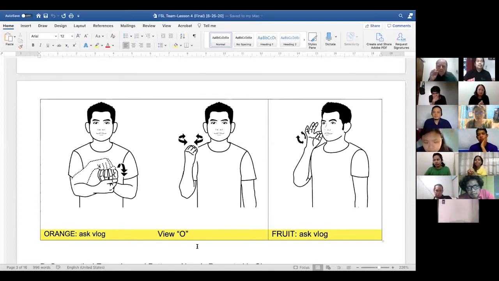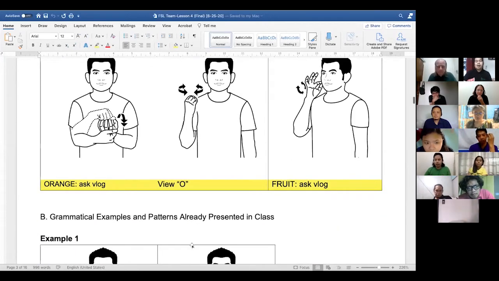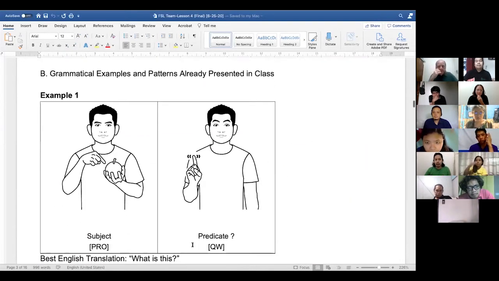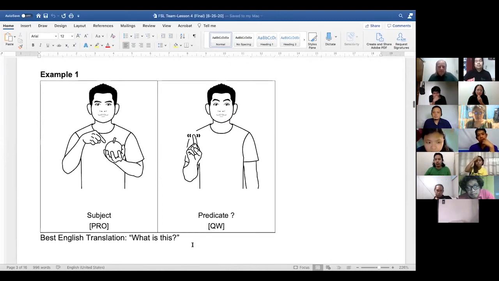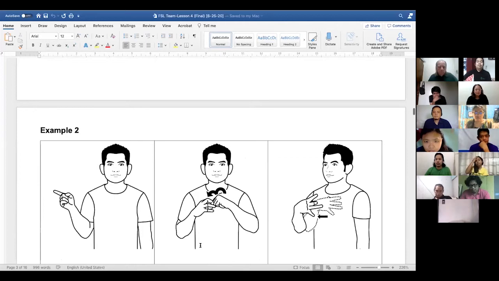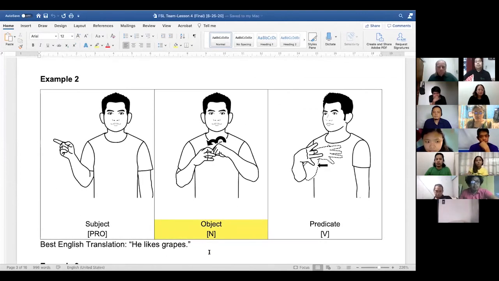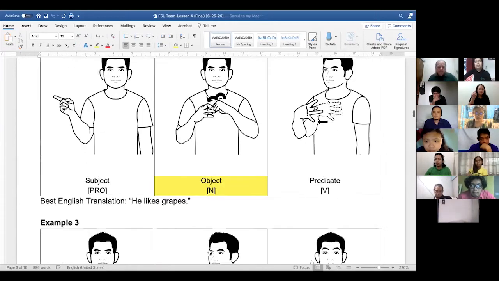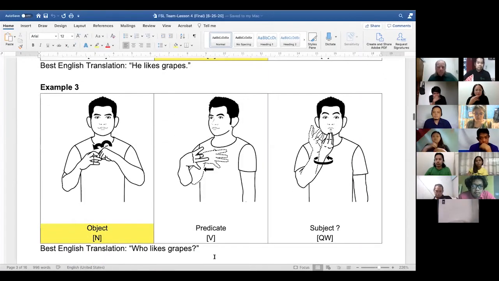Okay, and fruit. Let's see what we've got here. Okay, so what is this? Okay, I'll go back up to number 2.